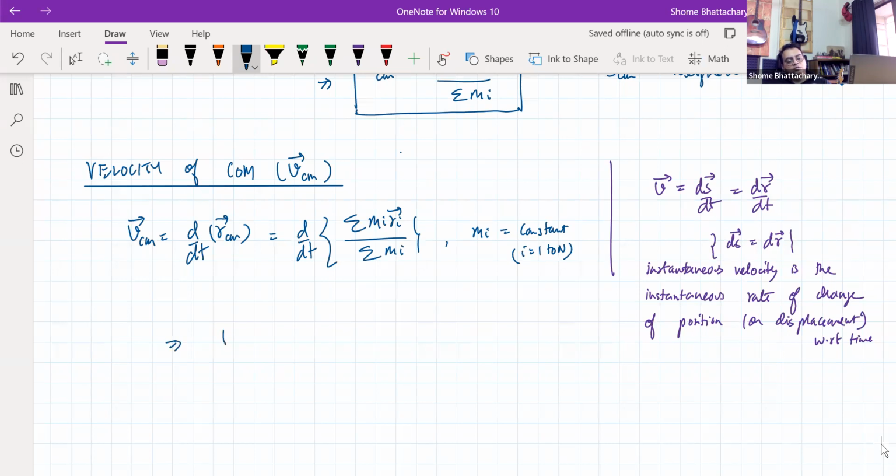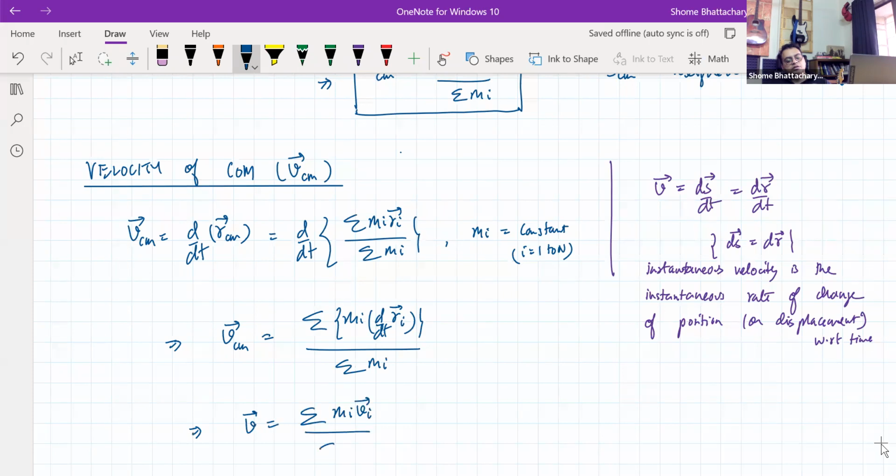So when we operate the rate of change into this expression, it becomes summation of mass into rate of change of position divided by summation of mass, which is a constant. So velocity of the center of mass therefore becomes again weighted mean of the individual velocities for all particles.